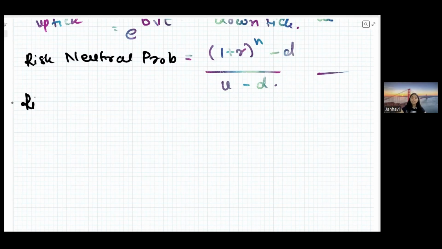Now let's understand what risk neutral pricing is.